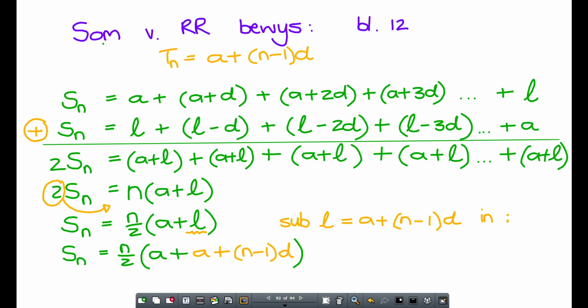So all I did is instead of L, I wrote that. That is why I wrote it in that colour.